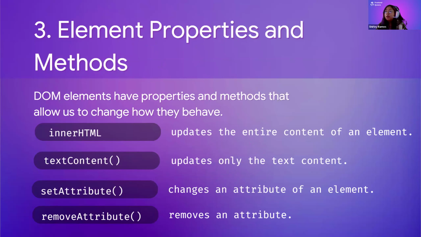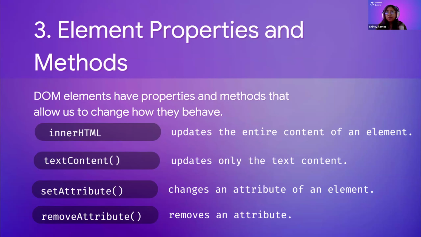In the DOM, DOM elements have properties and methods that allow us to change how they behave. So we can do a lot of things with JavaScript, starting using the DOM and starting to manipulate how an element behaves in our HTML.